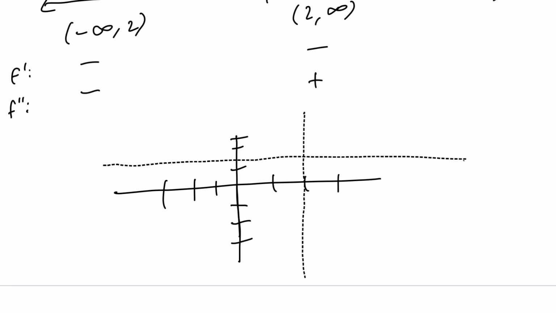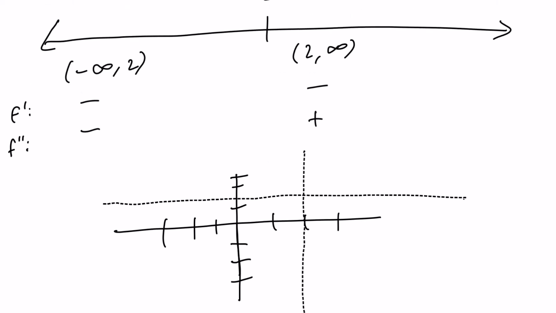Now we have everything we need to try and draw this function. We know our horizontal asymptote, we know our vertical asymptote. To the right of 2, we are decreasing and concave up. We approach positive infinity as we approach 2 from the right, and we approach 3/2 as x goes to infinity.